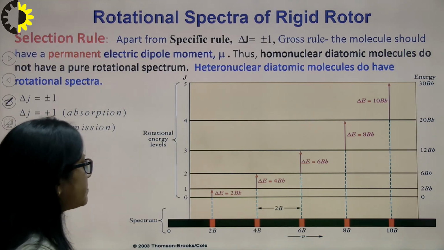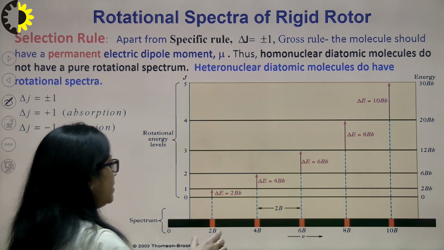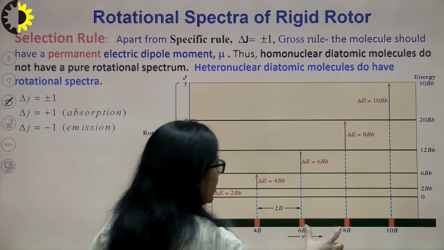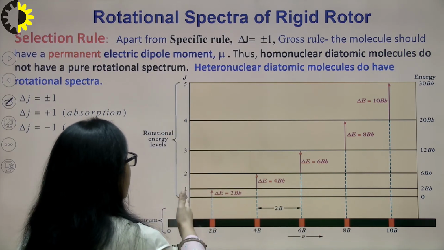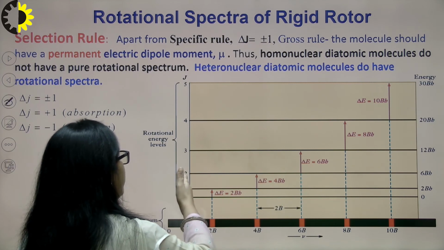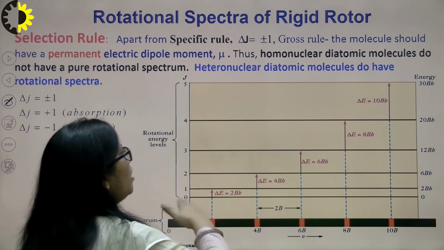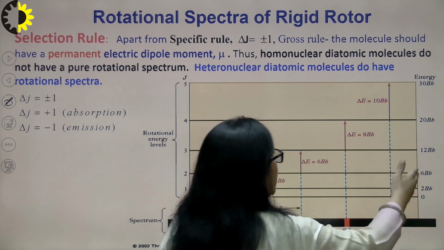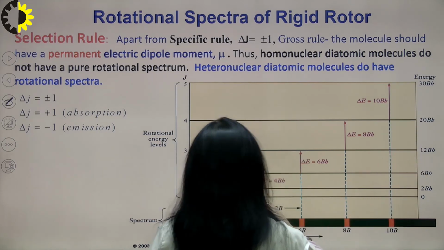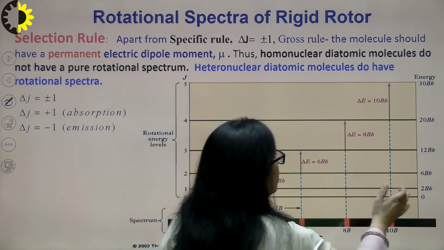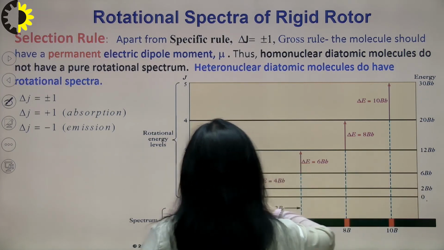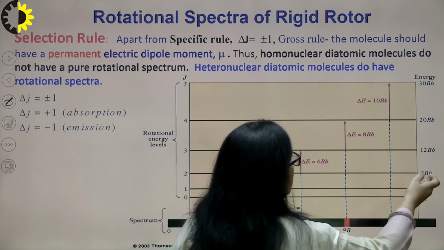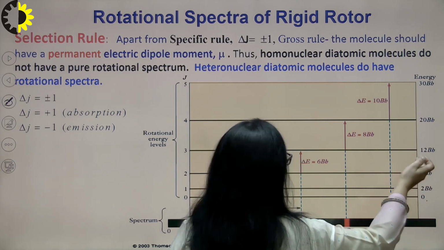Now, here again I am showing the same diagram. Here the lines are spaced equally at a distance of 2B, and by changing the value of J from 0 to 1, 1 to 2, 2 to 3, we are getting the different allowed rotational energy levels. When J is 0, energy is 0, when J is 1, it is 2B, when J is 2, energy is going to be 6B, then 12B.